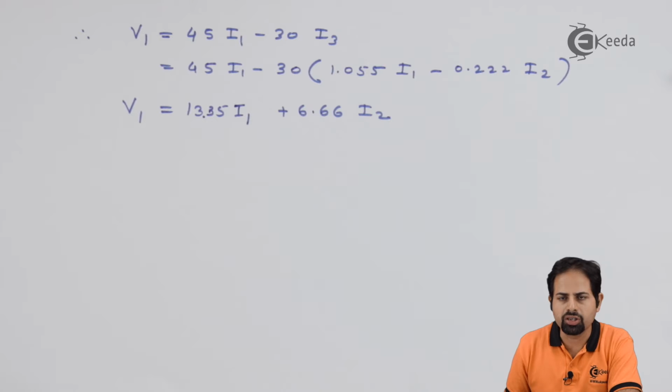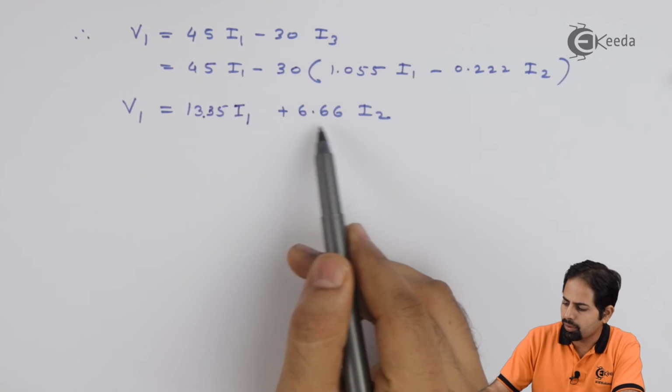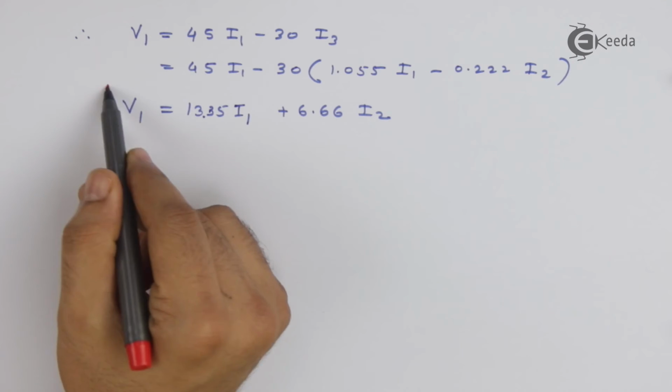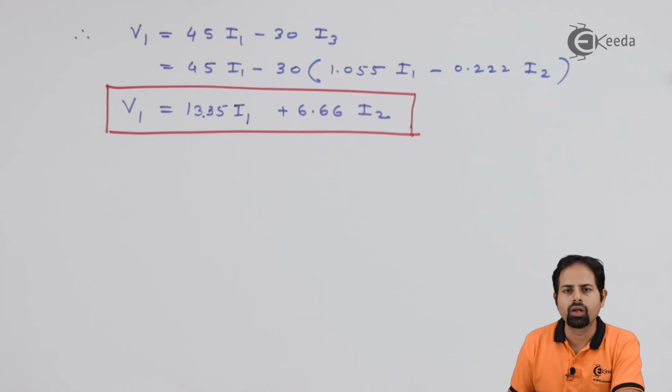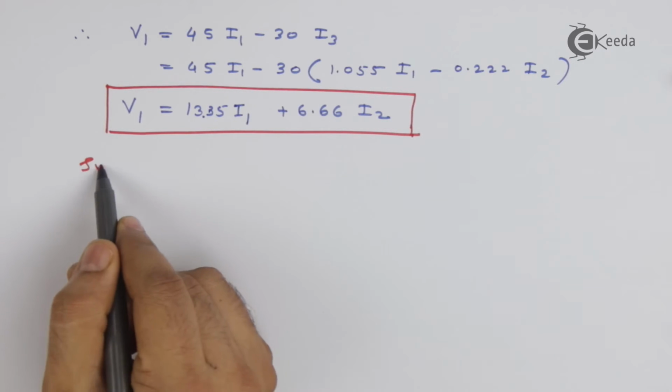So after calculation, we have got V1 equal to 13.35 I1 plus 6.66 I2. Same procedure will be done to obtain V2. We will substitute the I3 value in equation number 2.